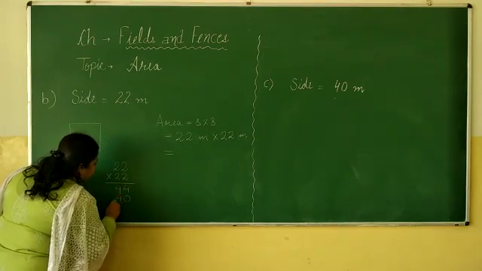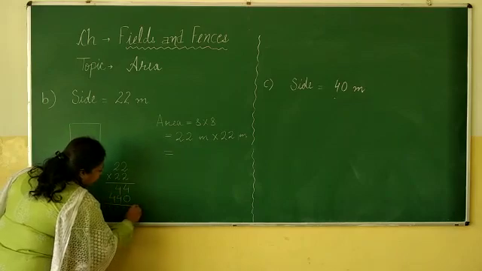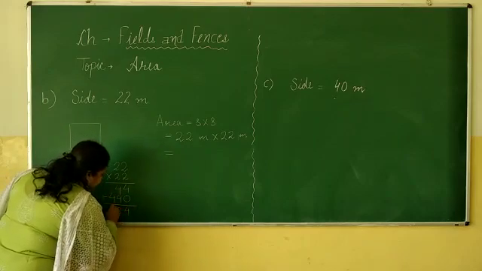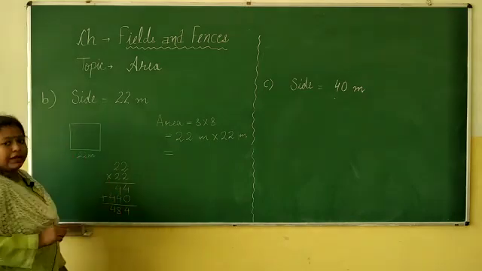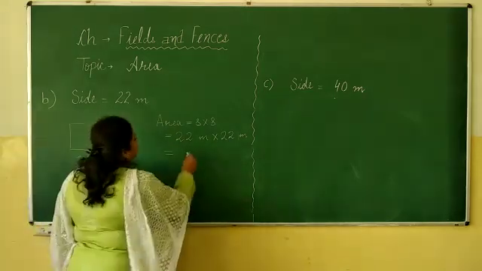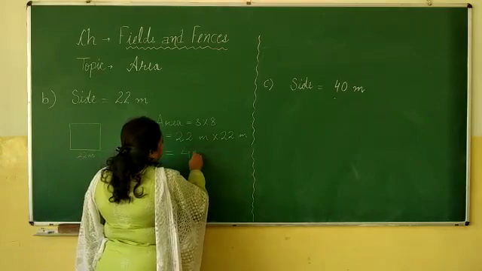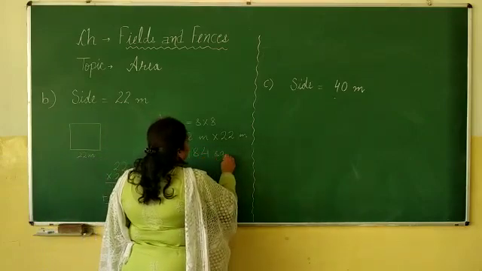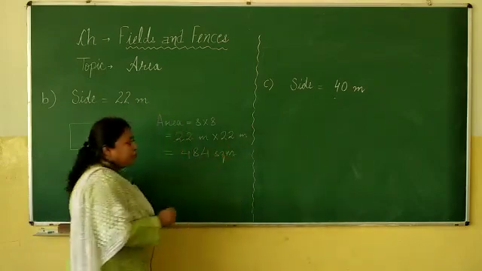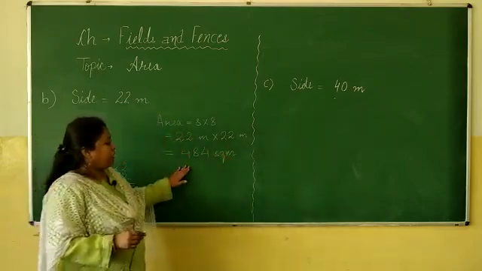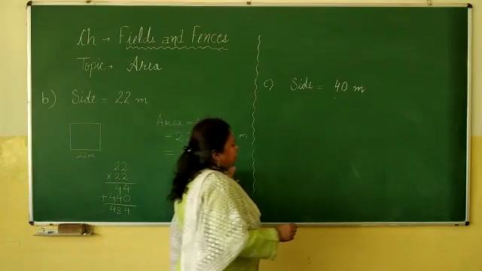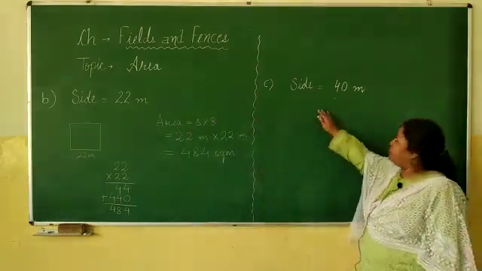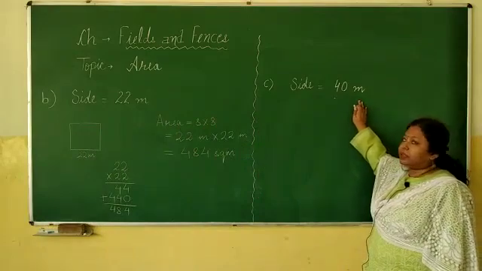Again 2 2s are 4, 2 2s are 4, and we have 484 as our answer. So the area of the square having side of 22 meter will be 484 square meter.